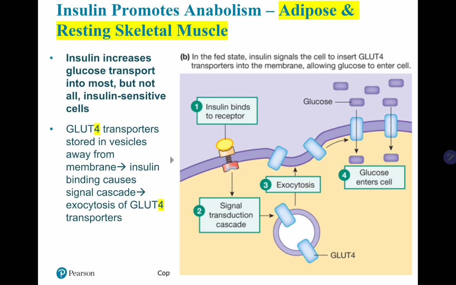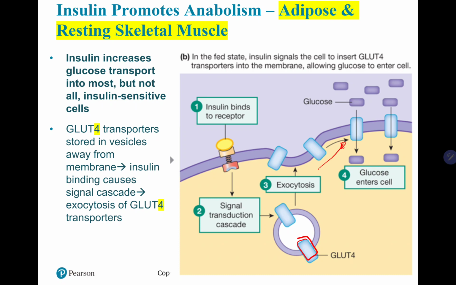Again, insulin increases glucose transport into most, but not all, insulin-sensitive cells. When I say insulin-sensitive cells, that just means they have a receptor for insulin. In adipose tissue and in resting skeletal muscle tissue, in this fed state, insulin signals the cell to insert GLUT4 transporters into the cell membrane.